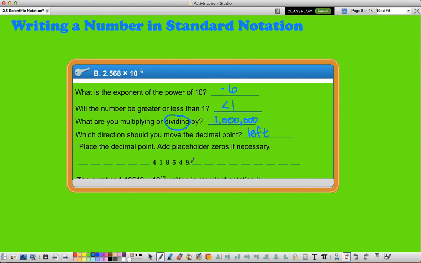Okay, and so I'm going to move it. They didn't change numbers, so 2, 5, 6, 8, and these become zeros.